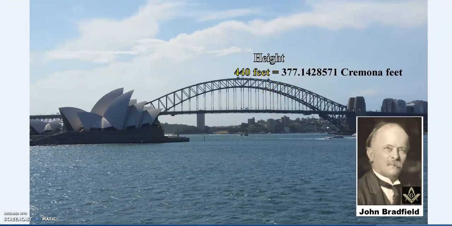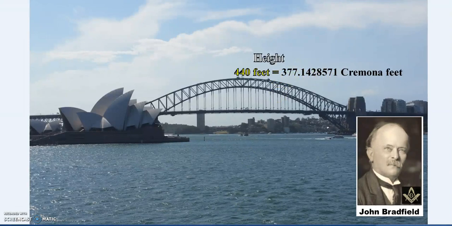The whole building structure across Sydney is resplendent in this ancient numerical Pythagorean Platonic system, but 440 feet, and well, that's 377.142857.